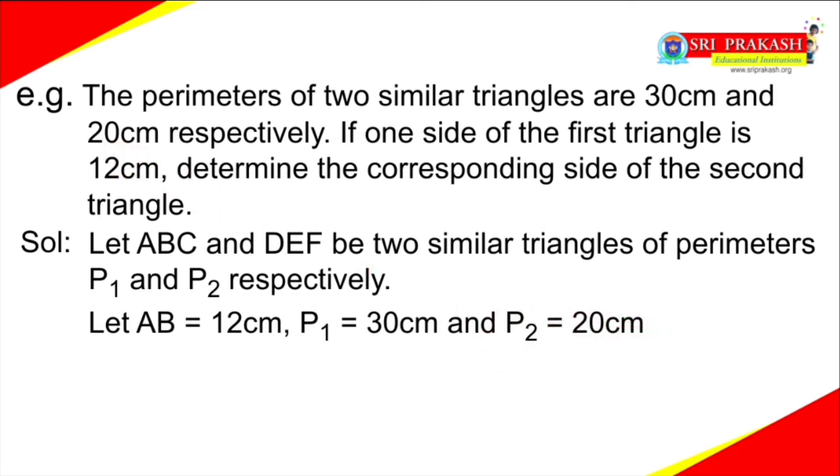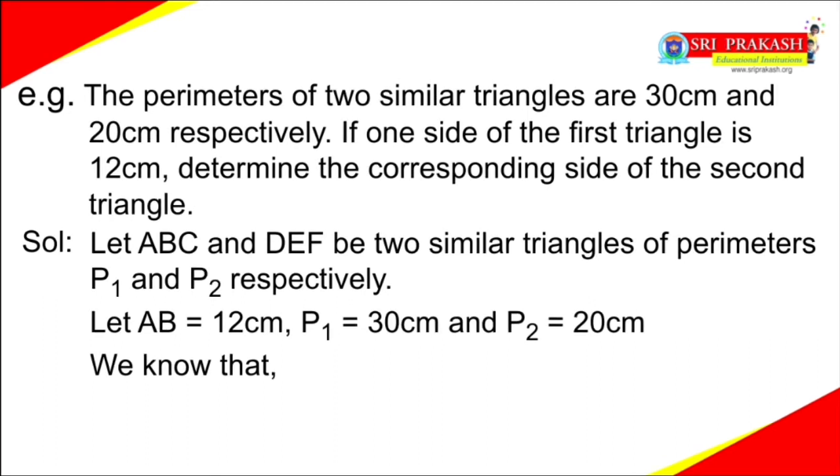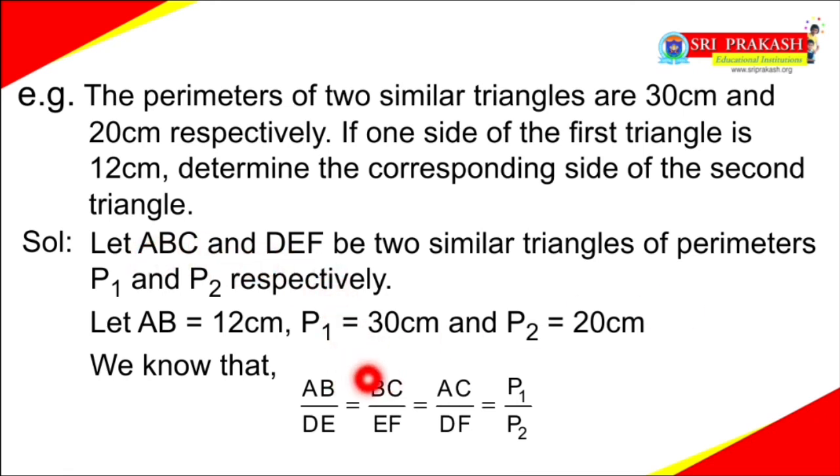Children, we know that the ratio of the pair of corresponding sides of similar triangles is always equal to the ratio of their perimeters. Therefore, AB by DE is equal to BC by EF is equal to AC by DF is equal to P1 by P2.